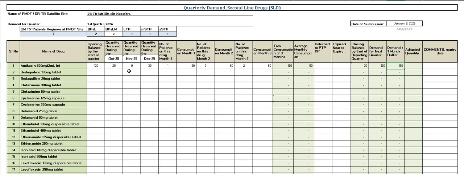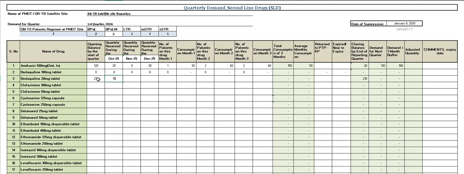For example, another drug: the pediatric second line drugs, we usually don't use in Khyber Pakhtunkhwa. So you have to write 0, 0, 0, 0, 0, and 0. Next, bedaquiline, for example. You will have 210 tablets.